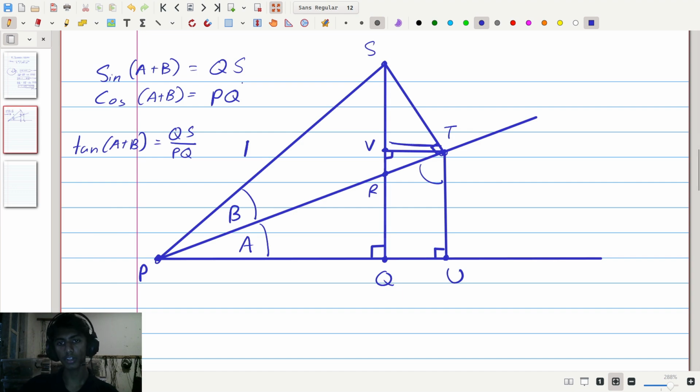VT is a horizontal and TU is a vertical. That means angle VTU is 90 degrees. Meaning this angle plus this angle is equal to 90 degrees, but this angle is already equal to 90 degrees minus A, which means that this other angle, VTP, must be equal to A.